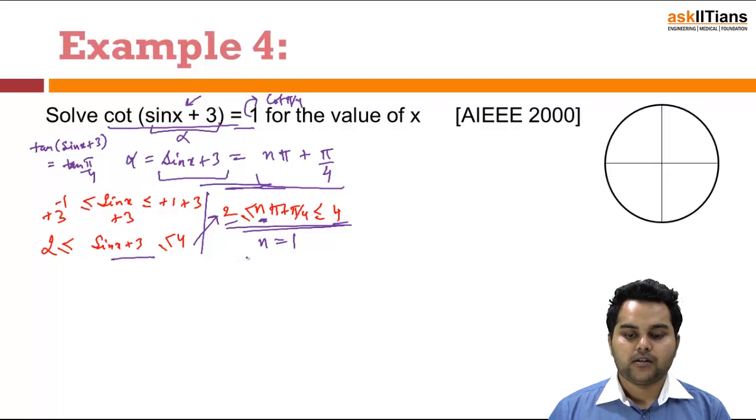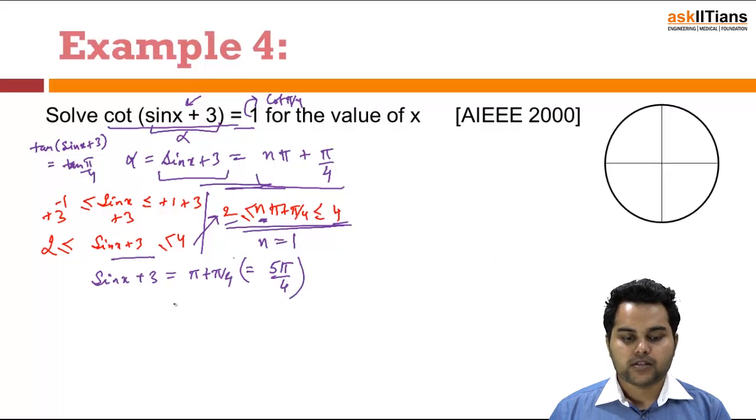Both the inequalities shall be valid. That is, I would get sin x plus 3 is equal to pi plus pi by 4, which is equal to 5 pi by 4. I would get sin x as 5 pi by 4 minus 3, or x would be written as, now this is the base angle, sin inverse of (5 pi by 4 minus 3).